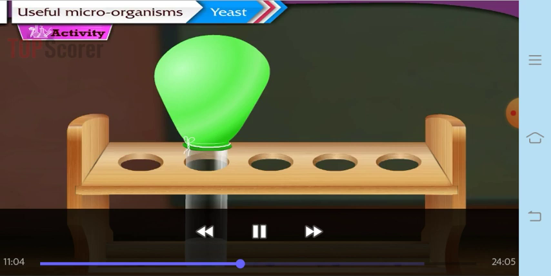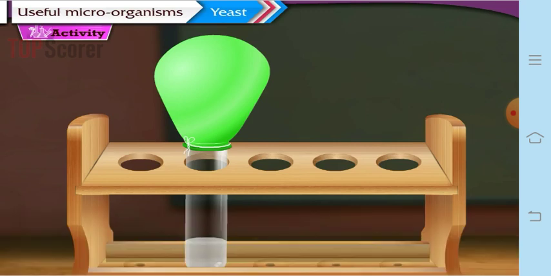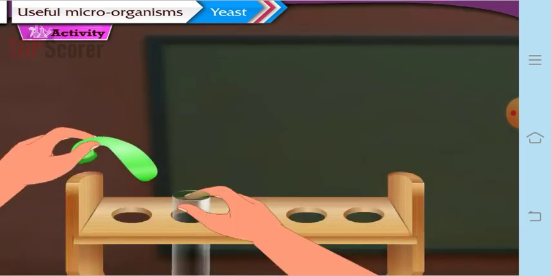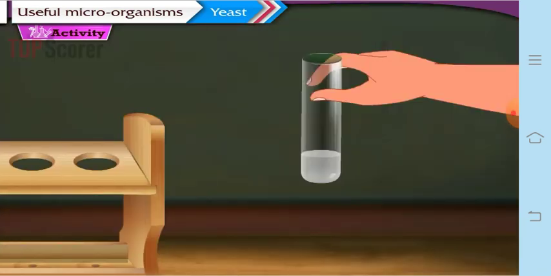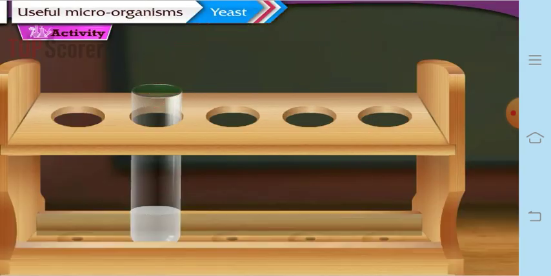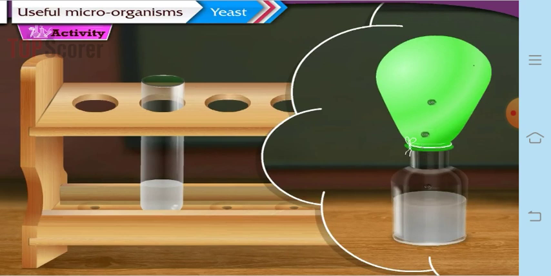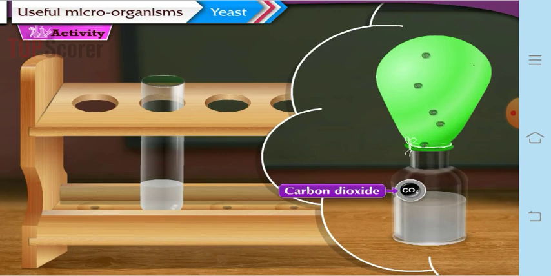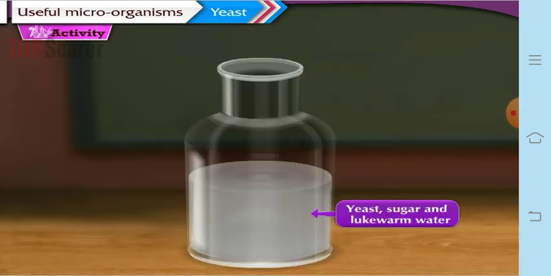Then keep it for some time, and you will see there is some change in the test tube. What do you notice here? The lime water has turned milky, and you know that when lime water turns milky, it is nothing but carbon dioxide gas which is produced. So remember students, yeast always produces carbon dioxide gas when it is using sugar or carbohydrates for its growth.